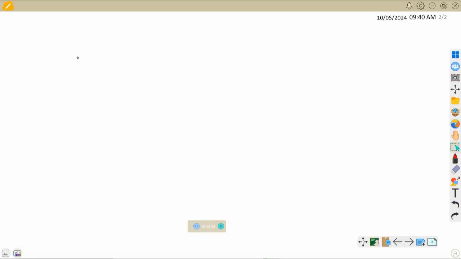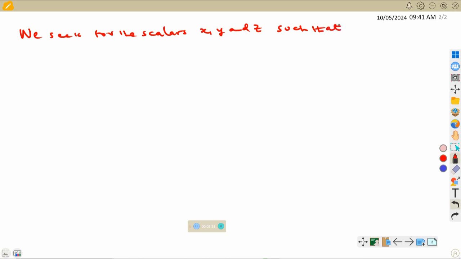So let us look at this expression. We are saying we seek for the scalars x, y, and z such that we can have v equal to x p1 plus y p2 plus z p3.